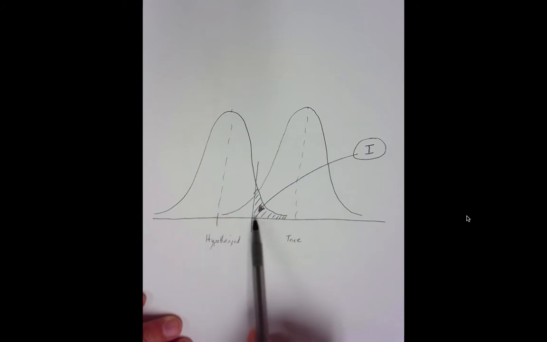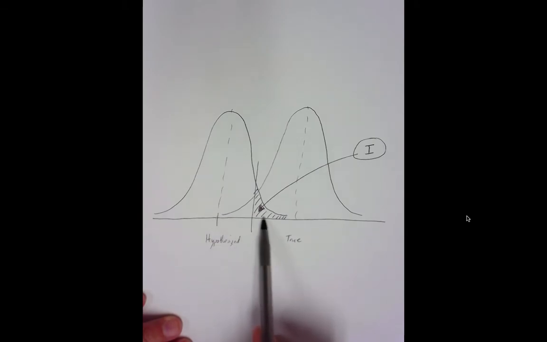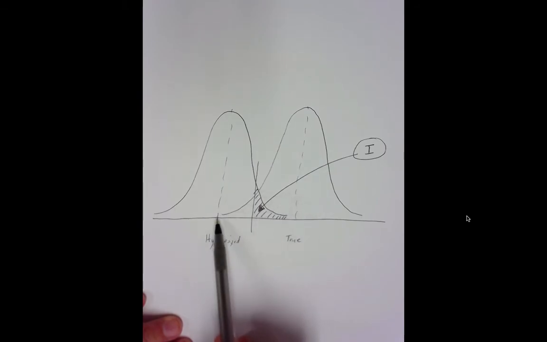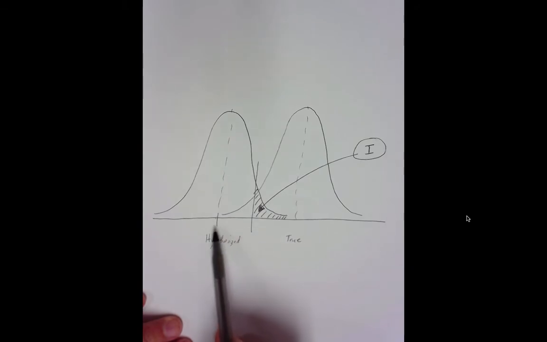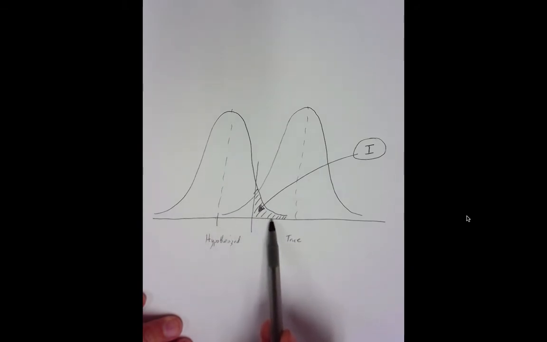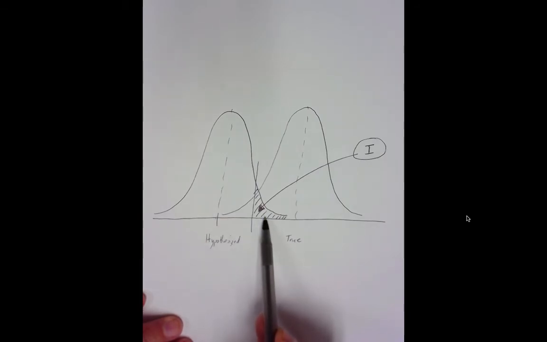So we're rejecting, so this area out here would be too far away from the hypothesized value. So under the assumption that this is a true value, this would lead to an incorrect decision, because we would think we were too far away from the hypothesized value to conclude this is true. So that's why that's a type 1 error.